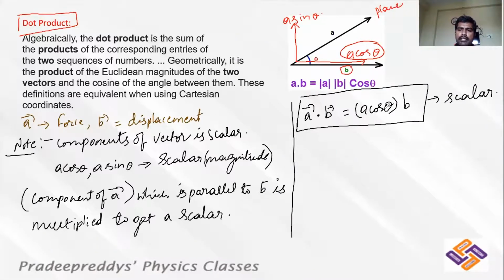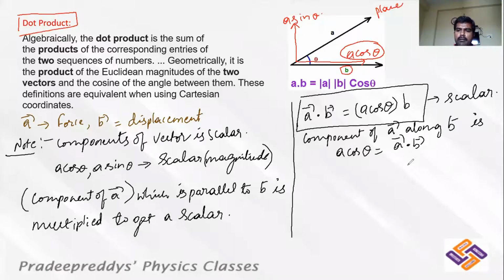And what is a cos theta? A cos theta is the component of a bar along b bar. And how can you find this a cos theta? A cos theta is equal to a bar dot b bar divided by the magnitude of b.